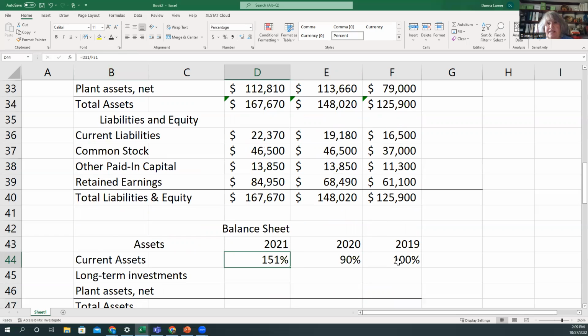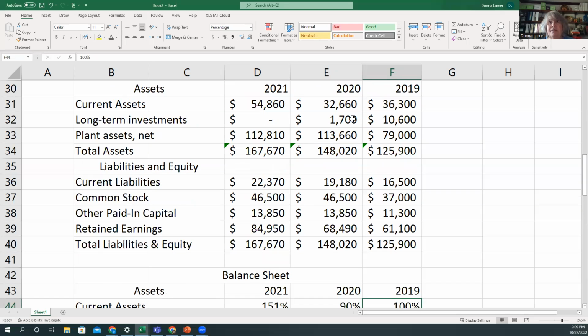So we can see that we started in 2019 and set the bar at 100%. We dropped in 2020, but then really rebounded in 2021. It's 51% higher than it had been in 2019, and 61 percentage points up from what it was in 2020.